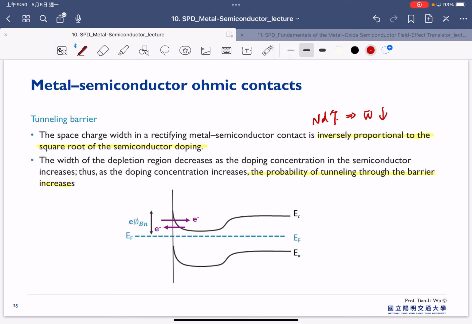So this is a case to illustrate. This is N-type semiconductor, and this is N++, right? Because this Fermi energy is close to our conduction band, so we can consider this is N++. And because we consider that's N++, therefore the depletion width here is very narrow.